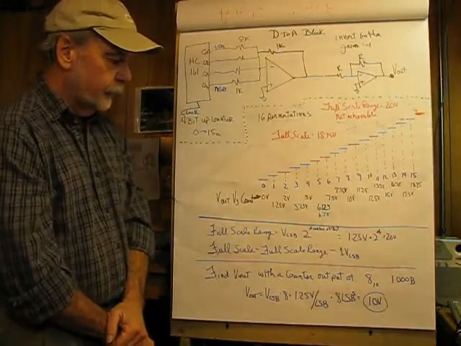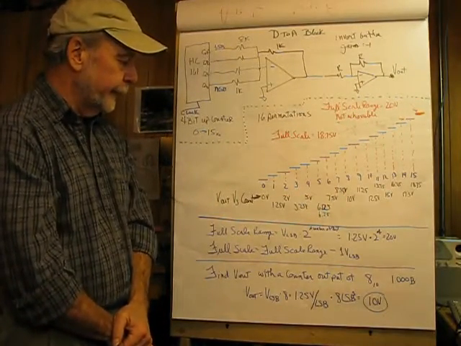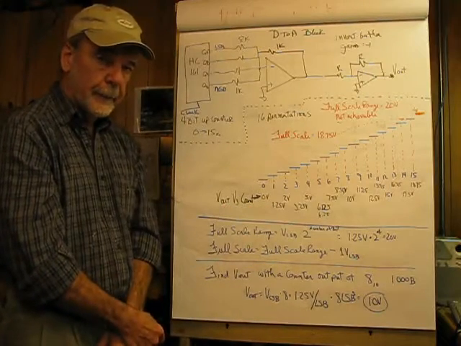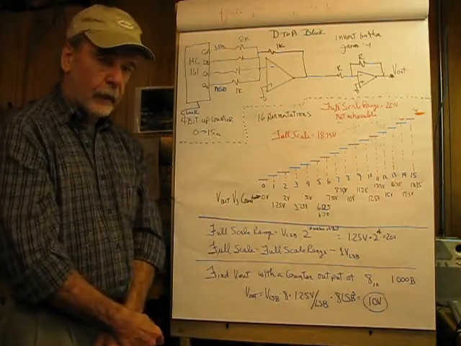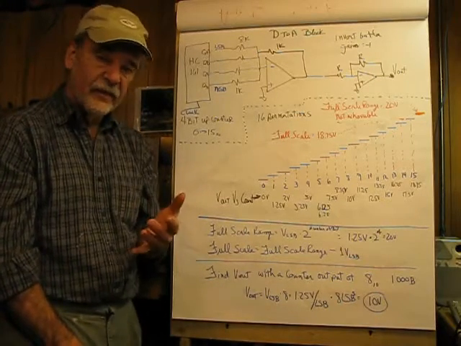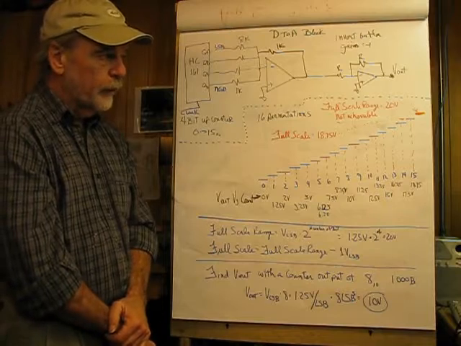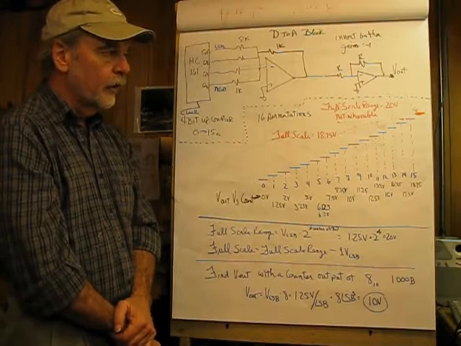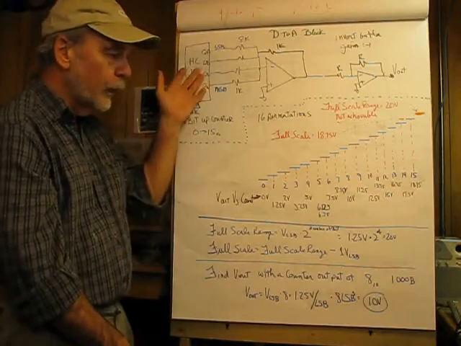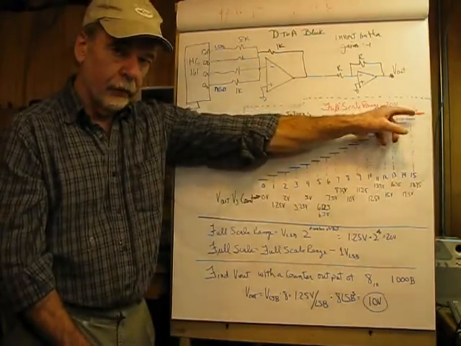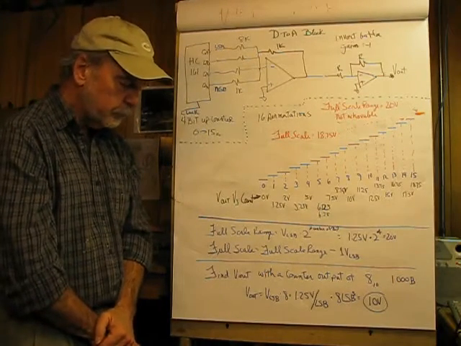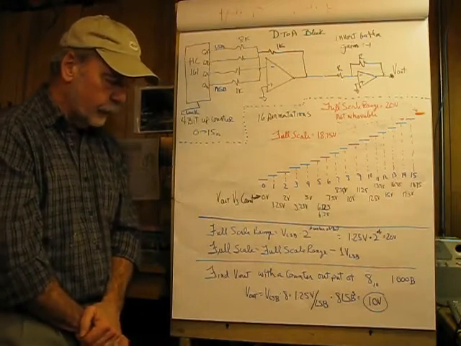So if I have 4 bits and I have 1.25 volts per LSB and take 2 to the 4th power, 2 raised to the n power, where n is the number of bits, what I would end up with would be 20 volts, and I would call that full scale range, fully understanding that no input here can hit that. So this is just a terminology that associates with the A to D and D to A conversion.